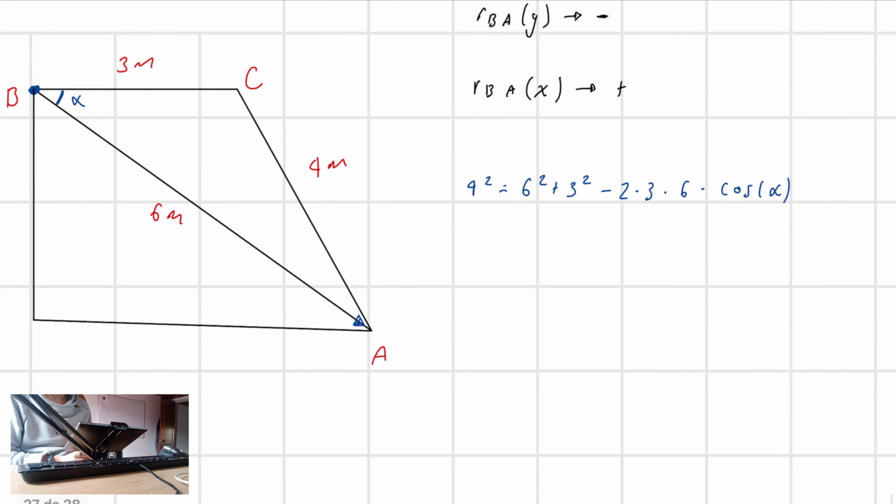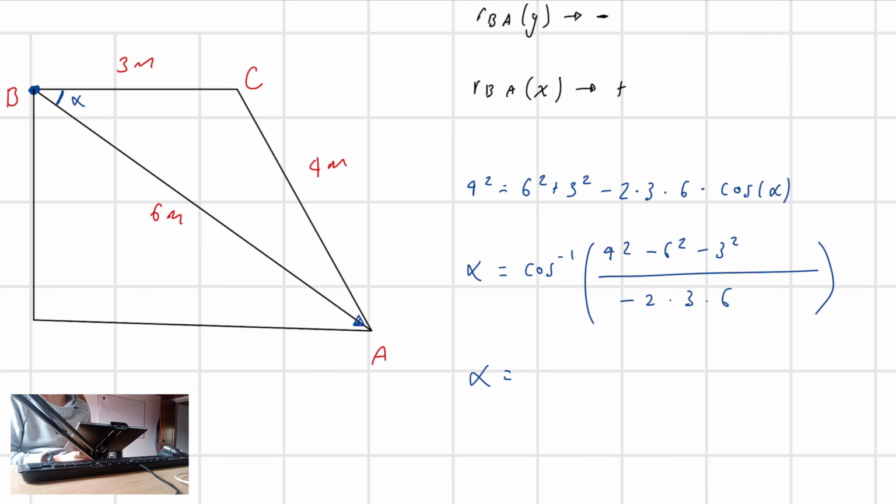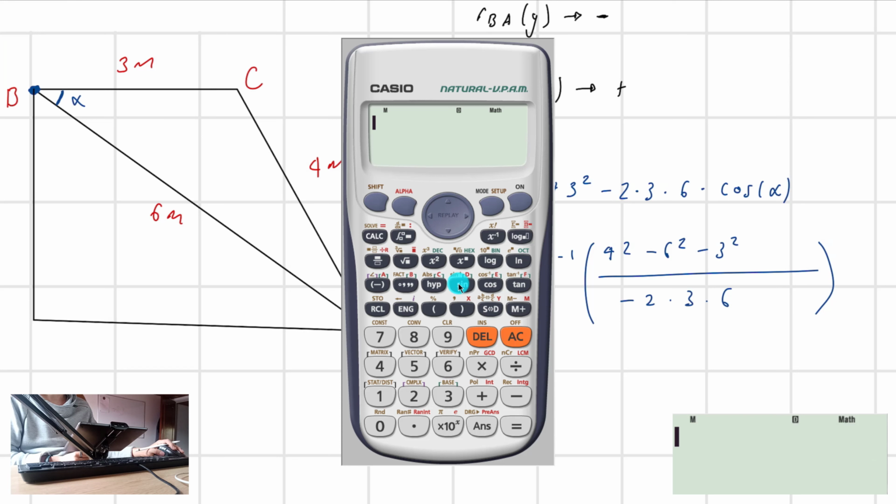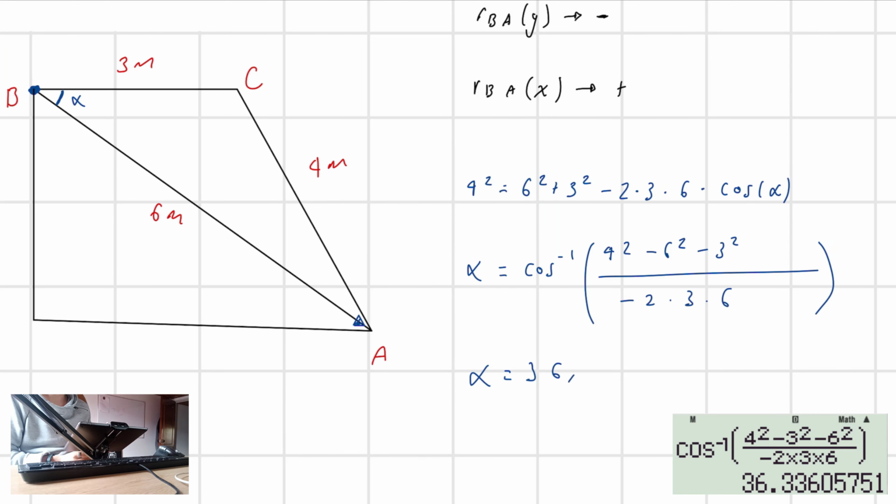Solving the equation, I have that alpha is equal to the cosine to the minus 1 power of (4 squared minus 6 squared minus 3 squared) divided by (minus 2 times 3 times 6). This is equal to 36.33 degrees.